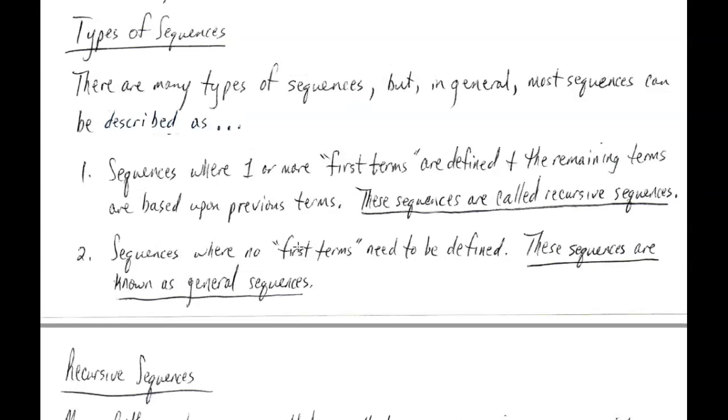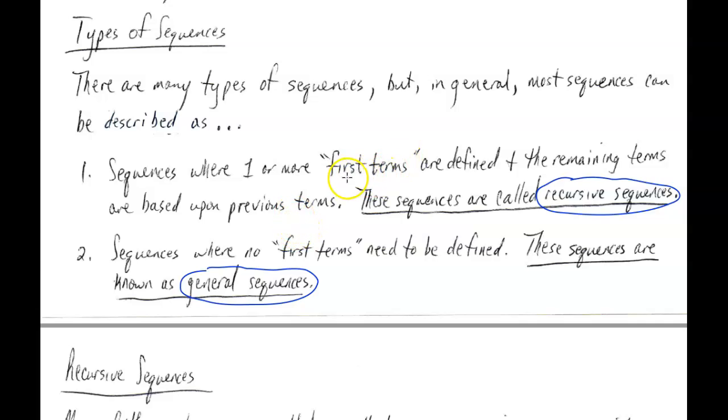So there are many types of sequences, but in general, most sequences can be described as either recursive sequences or general sequences, okay? A recursive sequence is a sequence where one or more first terms are predefined and the remaining terms are based upon those previous terms, okay?